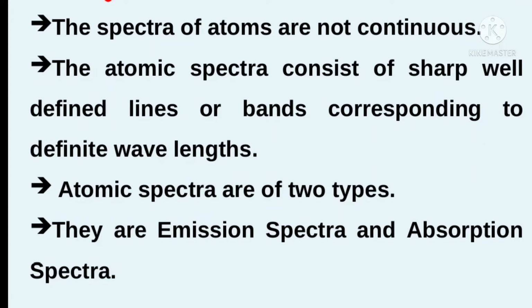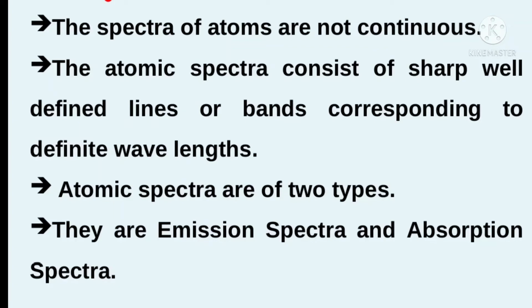Atoms give discontinuous or line spectra. The spectra of atoms are not continuous. The spectrum given by atoms consists of a series of bright lines or bands. A band is a group of spectral lines and is separated from other bands by a dark space.